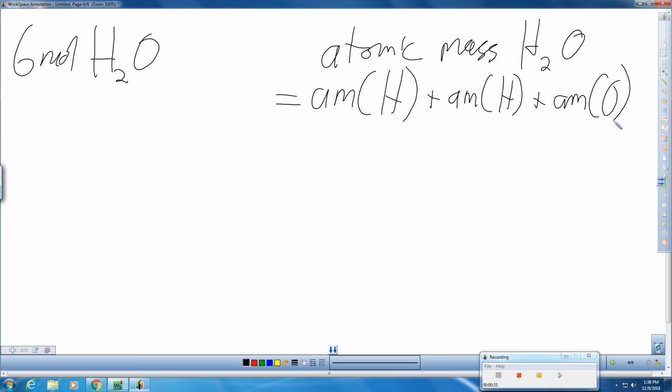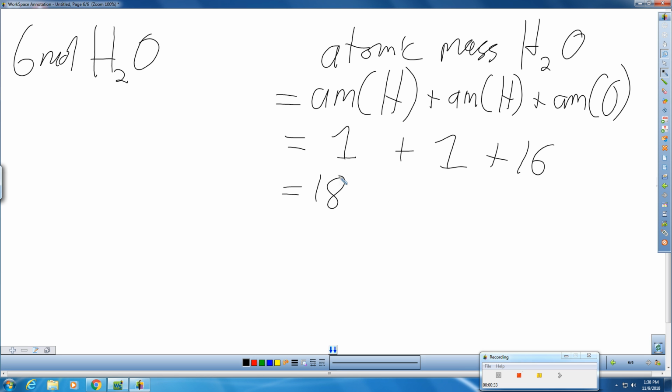Hydrogen is 1 plus 1 plus 16. So that equals 18 units, still grams per mole.